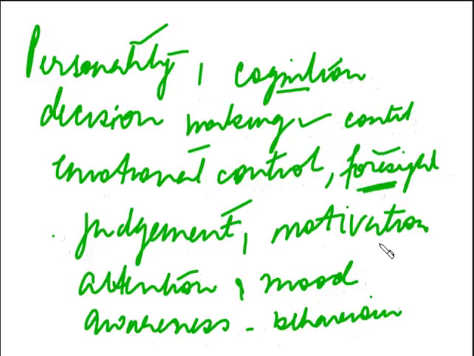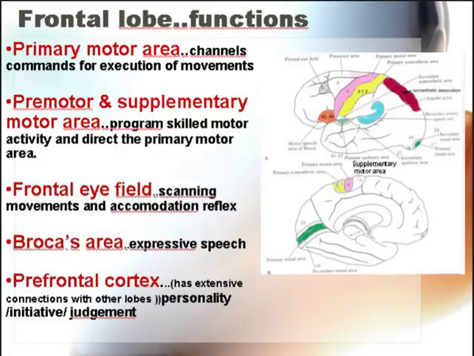Teenagers actually don't use the prefrontal cortex as much as we do, because the brain actually grows, and myelination in the prefrontal cortex is completed in adulthood, whereas everything else gets completed earlier on. Myelination in the prefrontal cortex takes a little longer to occur.